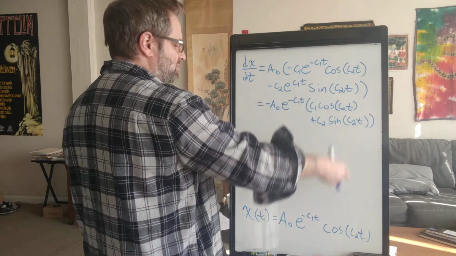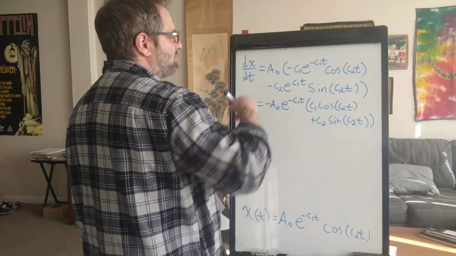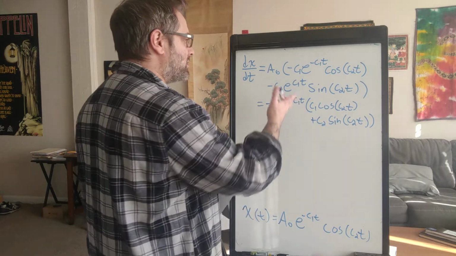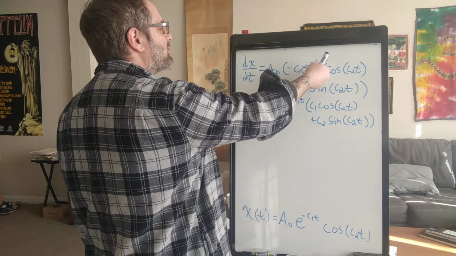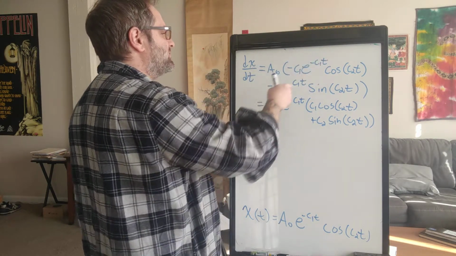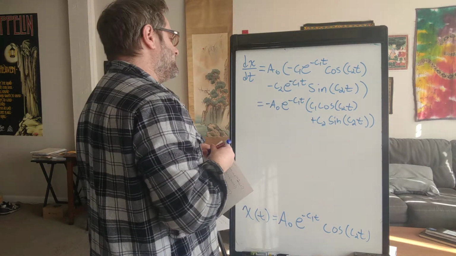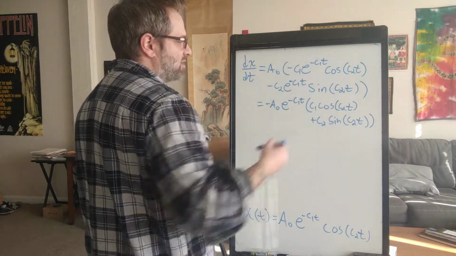Now we're taking the derivative of this cosine, so we get a negative sign, and this C2 comes from inside the cosine when we do our chain rule. So we get this expression here, and then we factor out that e to the negative C1t, and we get negative a naught e to the negative C1t times this trigonometric quantity.